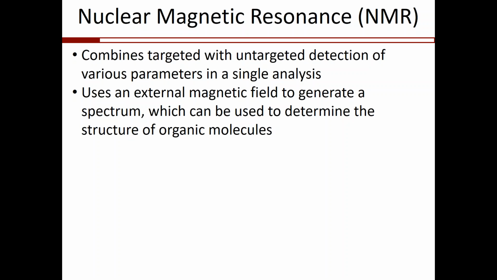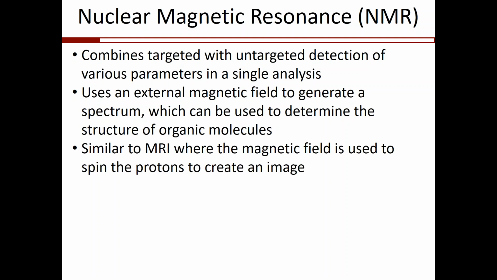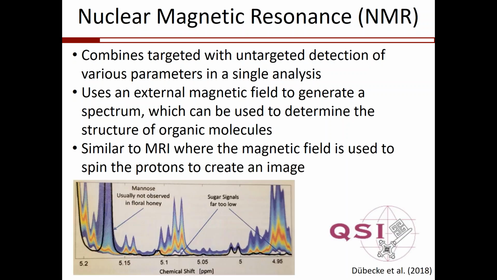And as the atom is coming back, kind of coming back to Earth, the energy that it releases can actually be used to generate a spectrum by determining the molecules from the spectrum. The idea of this is similar to an MRI, where I use a magnetic field to spin a proton to create an image.